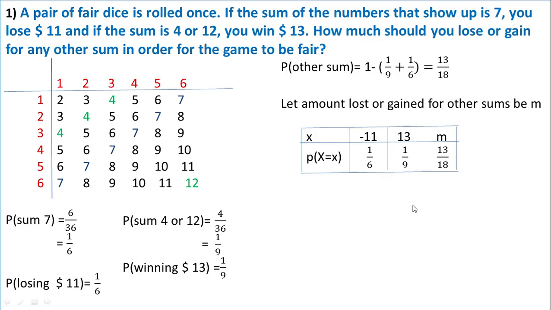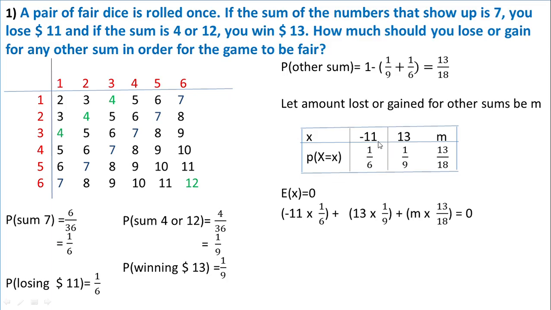Now they are giving us a condition that in order for the game to be fair, your expectation should be 0, because you put in $0 to go for the game. So what you put in is what you gain out. So for the game to be fair, you expect 0 because you put in 0 when it was starting.